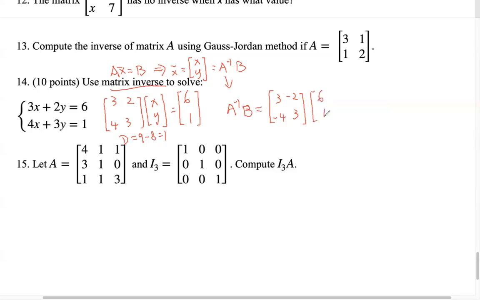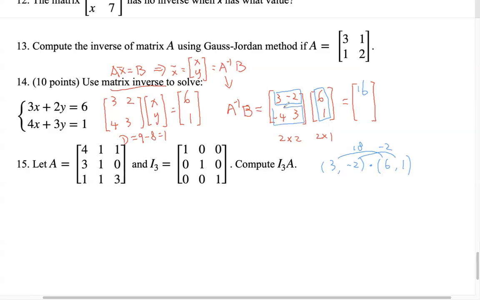B is 6, 1. So we have a 2 by 2 matrix and a 2 by 1 matrix, so we should get a 2 by 1 matrix. The first entry comes from the dot product of 3, negative 2 with 6, 1: 3 times 6, 18, negative 2 times 1, negative 2. 18 minus 2, 16.